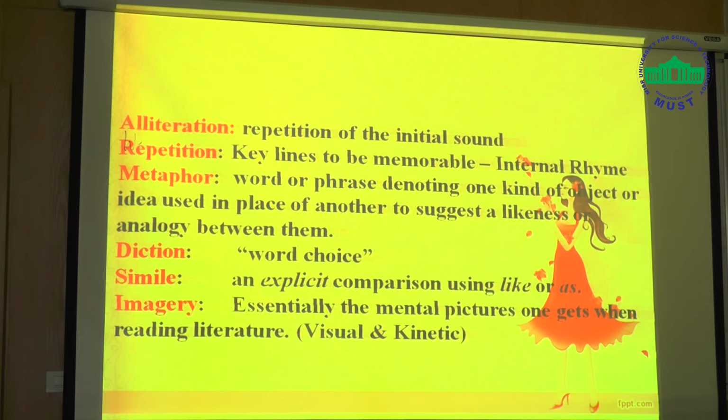Alliteration is displayed in the repetition of the M sound, mighty, magic, and in the P sound, petty, places. All this adds internal rhyme to the poem.